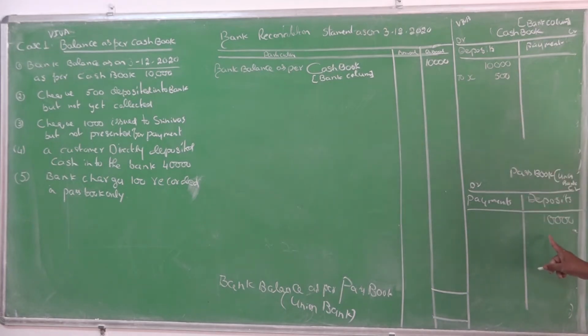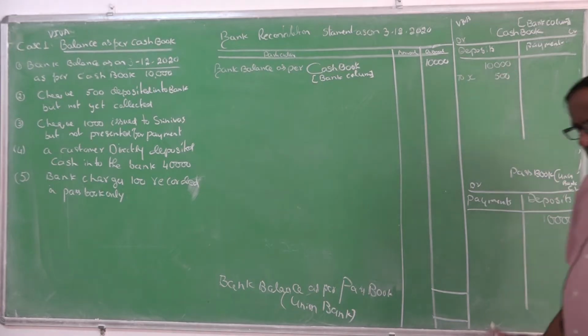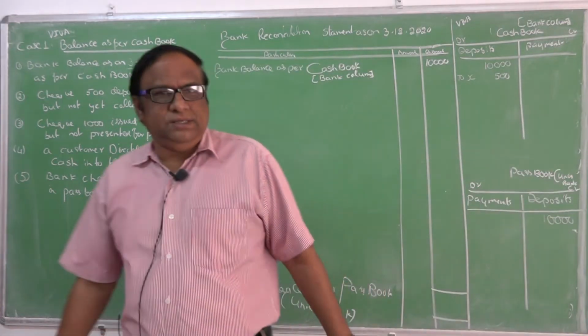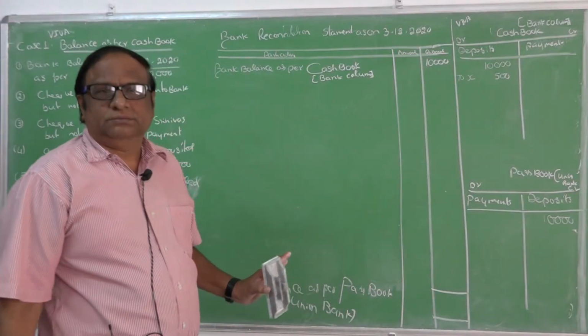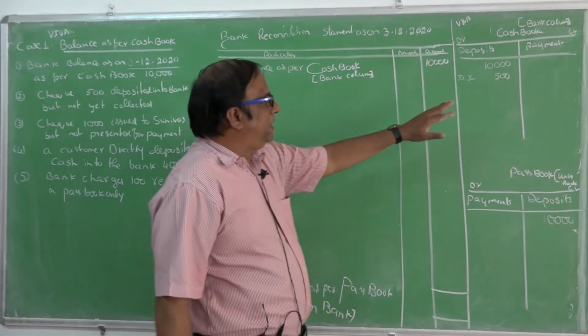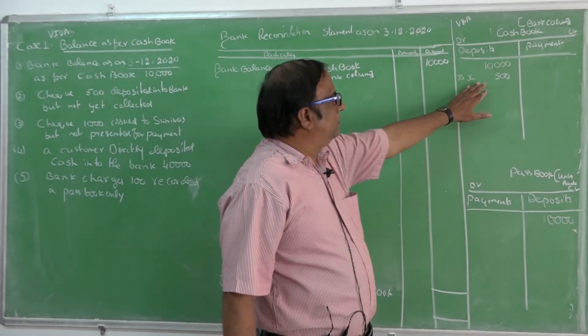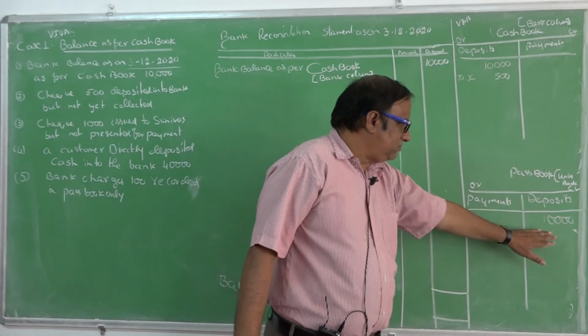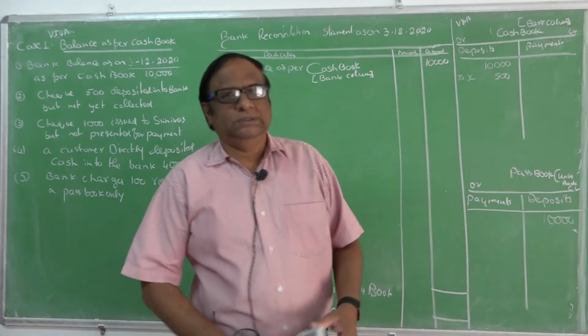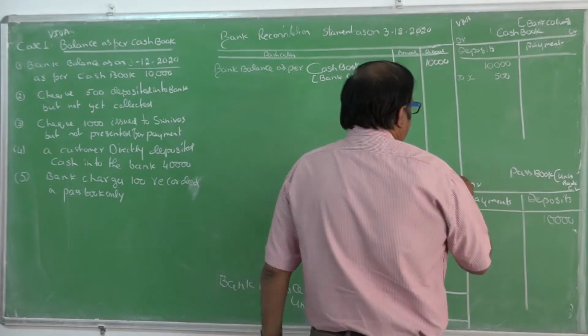That check was not credited in the bank. If it is credited in the bank, then there is no need to prepare a BRS. Are you clear? If the 500 was here, there is no need to prepare a BRS. But the 500 was not there. So our cash book shows 10,500, but the passbook shows 10,000.